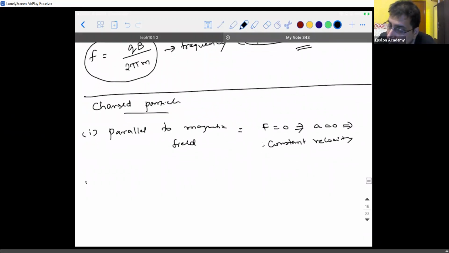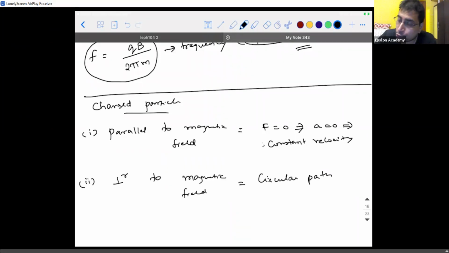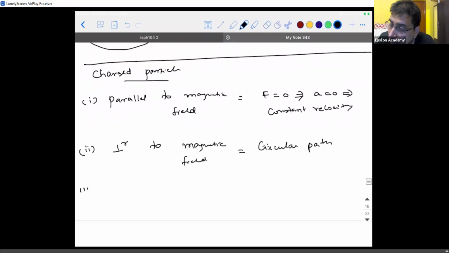Okay. Second, when it is projected perpendicular to magnetic field, what is the path it is going to follow? It is going to follow a circular path. It follows uniform circular motion. And what is the last one? If it is projected at an angle theta, which is not equal to 0 degrees or 90 degrees, then it is going to follow a helical path.